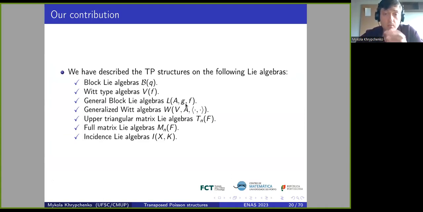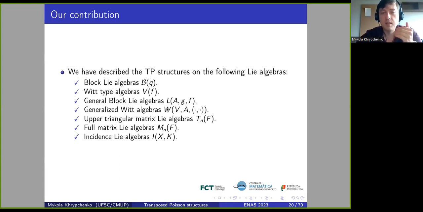Observe that some of these algebras generalize other classes of Lie algebras in this list. For example, general block Lie algebras generalize block Lie algebras BQ. BQ is a particular case, but chronologically, we classified first this class of Lie algebras.